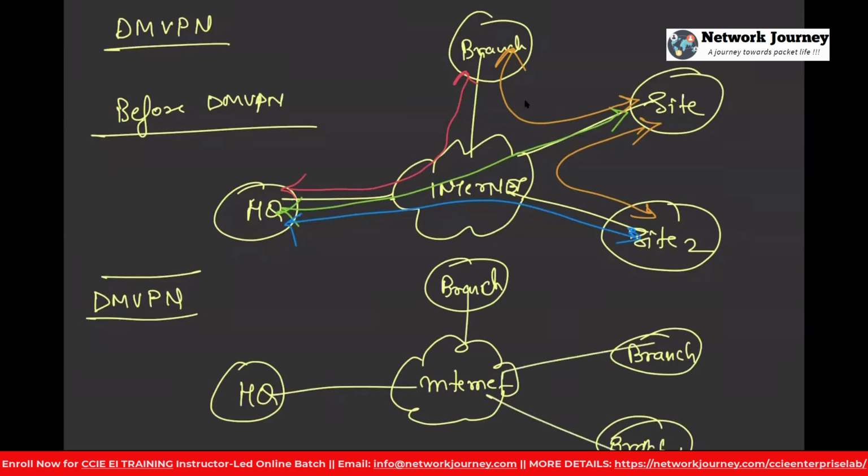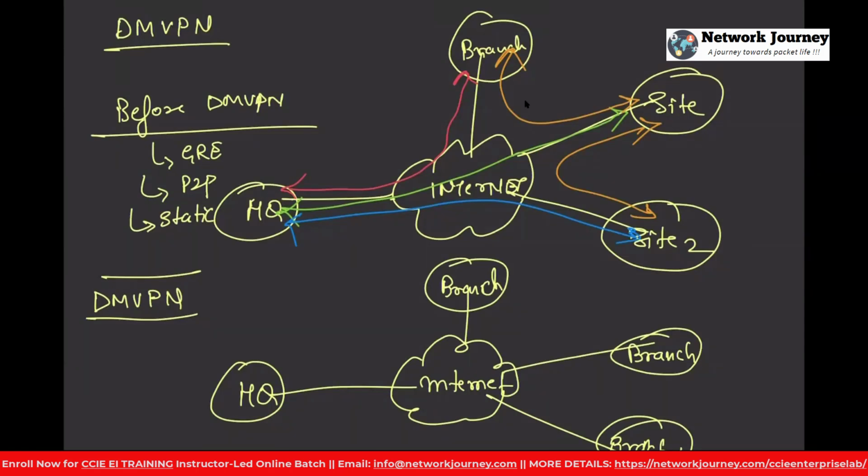Again, here they use GRE, and this is your point to point. This is your static tunnels. So every time you need to send the traffic, you must create the manual tunnel, which is a static tunnel.